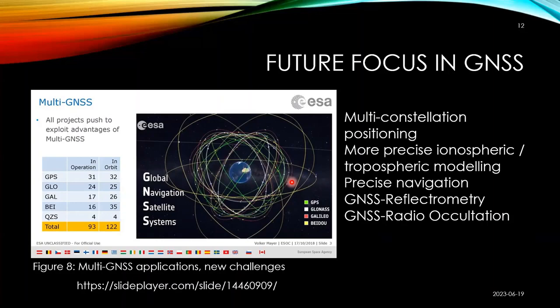Therefore, we can determine better ionospheric and tropospheric models, especially over the ocean area, which is very hard. We do not have receivers there, so we have to use reflectometry. The quality of navigation will be better, and we can also do radio occultation for better modeling of the atmosphere.